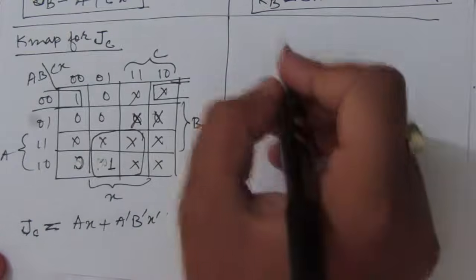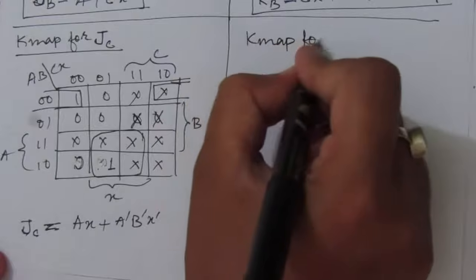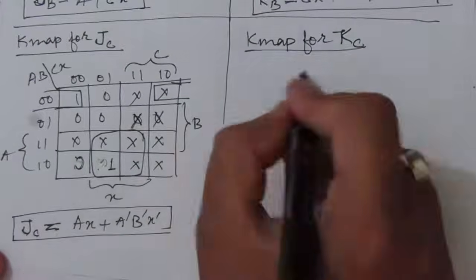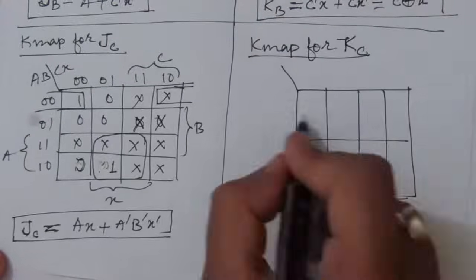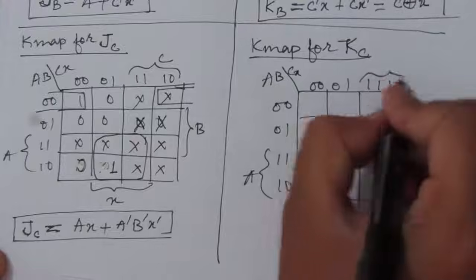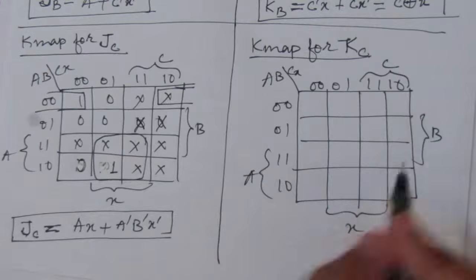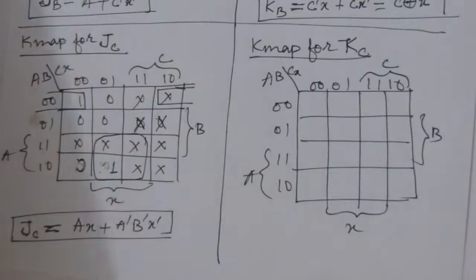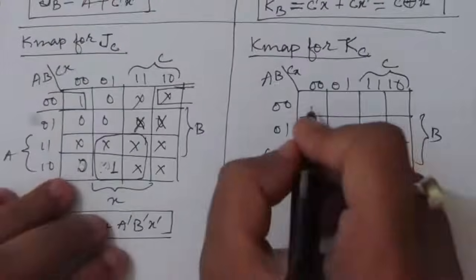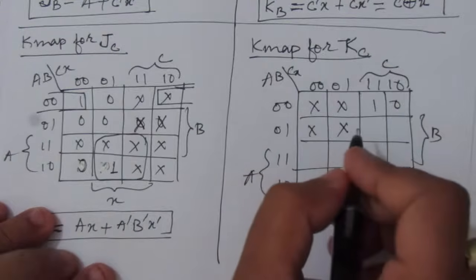Okay, now we'll find out the K-map for KC. Now we have to fill up this K-map with KC values. So KC values we have don't care 0 1, don't care 0 1, don't care.